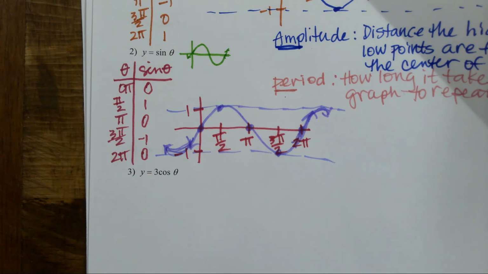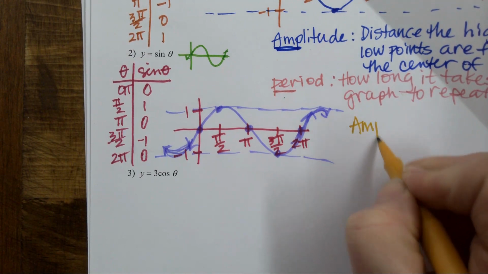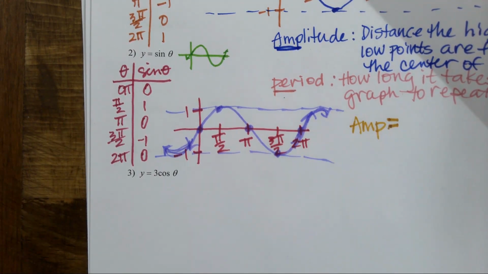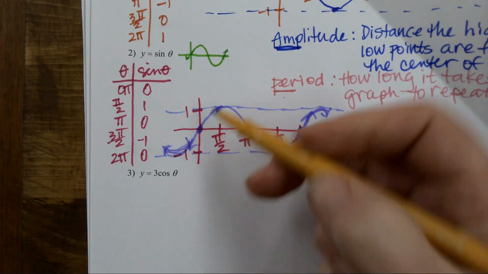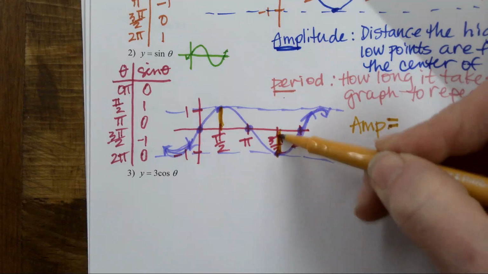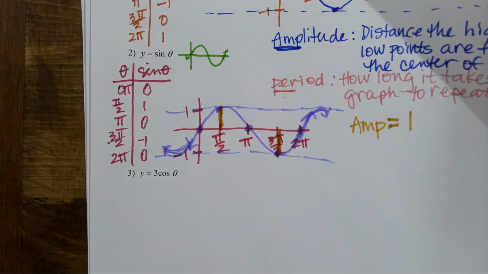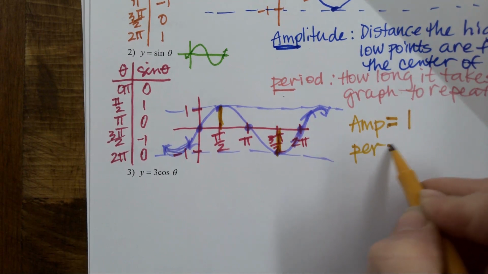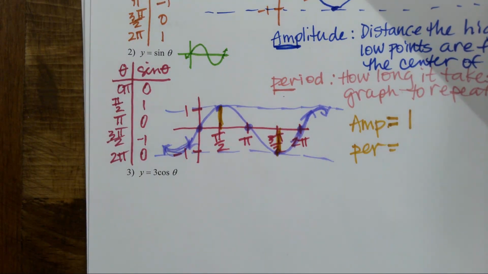cosine. The amplitude is the distance from the center to the high point on the graph. And in this case, center to the high point, center to the low point, is 1 unit. And the period on this is also the same: how long it takes to repeat itself.